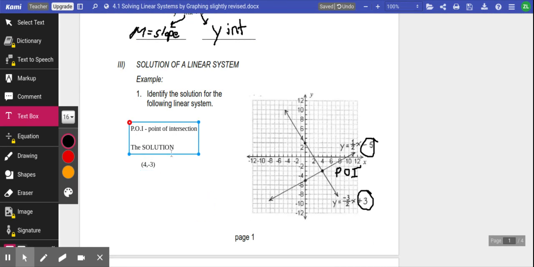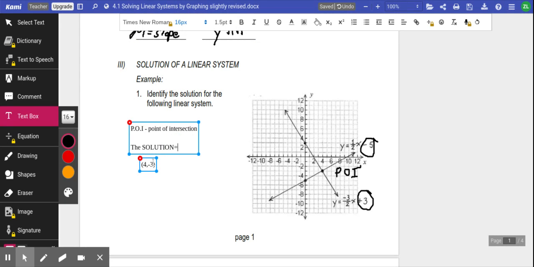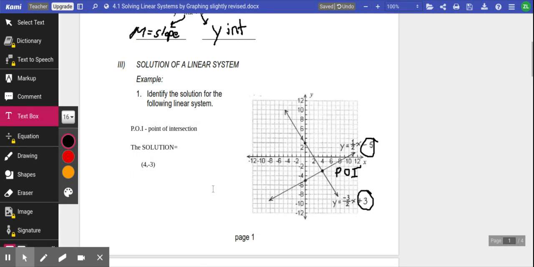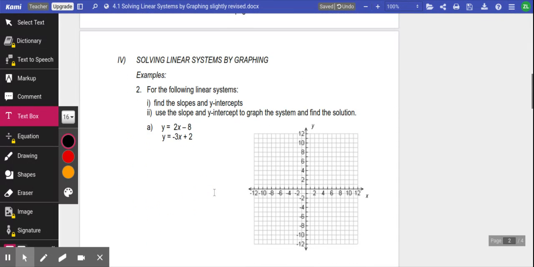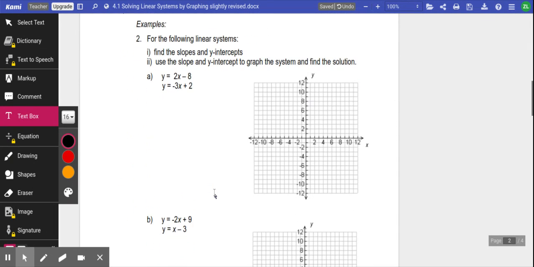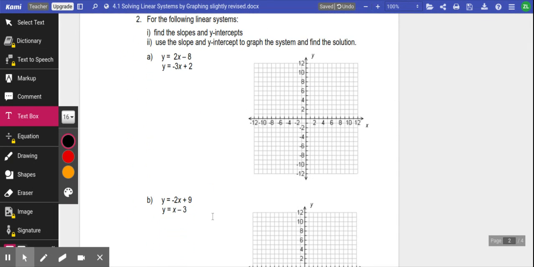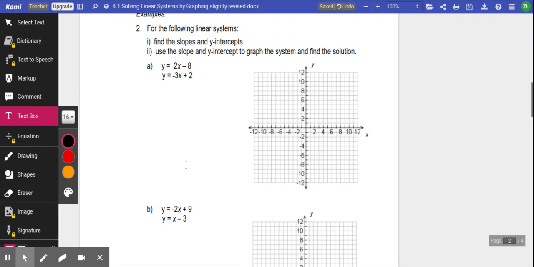Once again, the point of intersection is where the two lines meet, and the solution is another word for that if we're ever asked. In this case, the solution is 4 and -3. The following one is going to ask us to graph, and then we're going to have to figure out the solution from there.